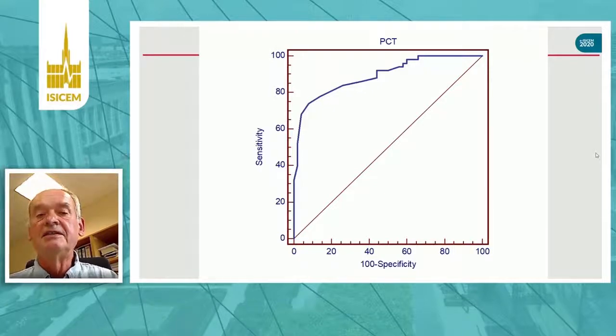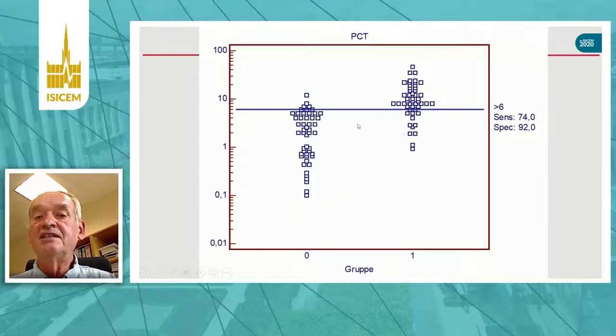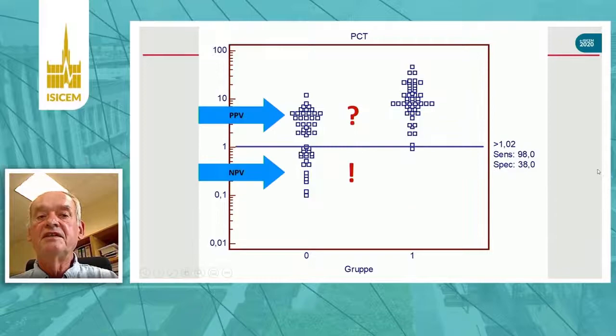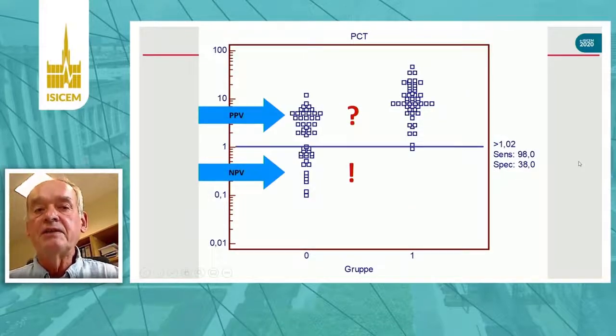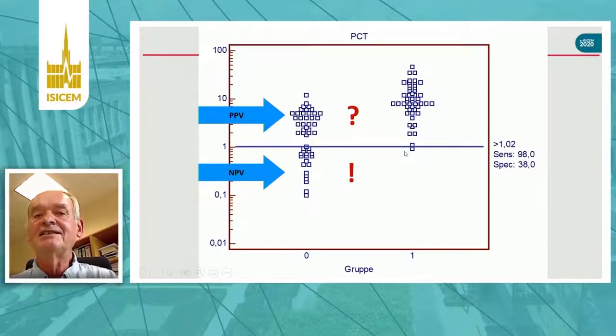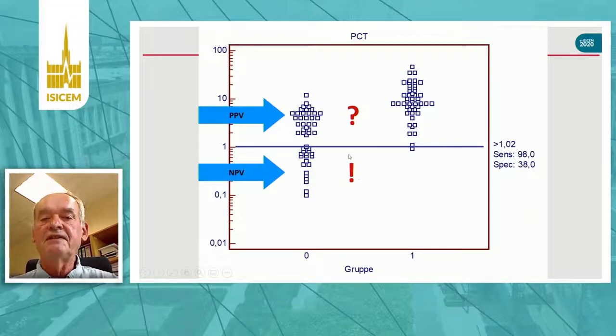No, it's not. Here you see the ROC curve, and here you see the data from the study. If you do this with the ROC curve analysis, you may get a sensitivity of 72 or 92, a specificity of 92. Looks very nice. However, of course this is different, as I already showed you, if you want to predict something with this biomarker, and here you see that there is a difference between positive and negative predictive value.